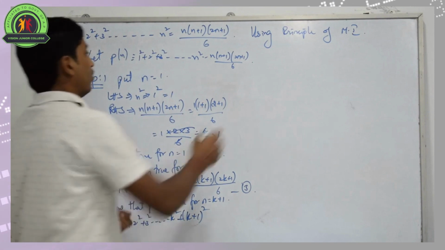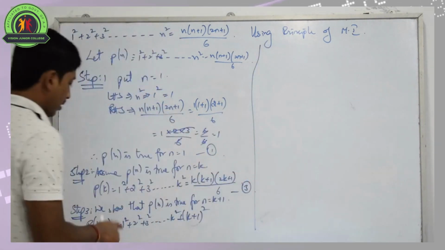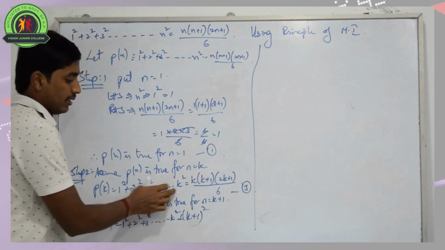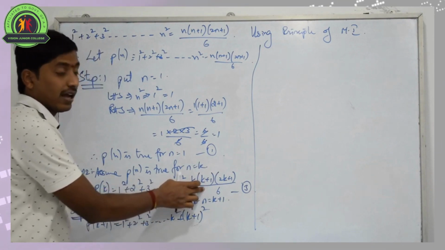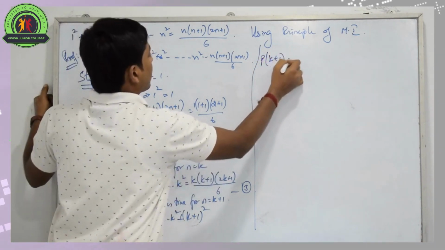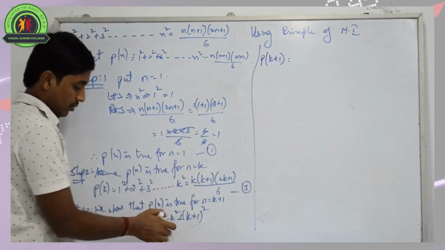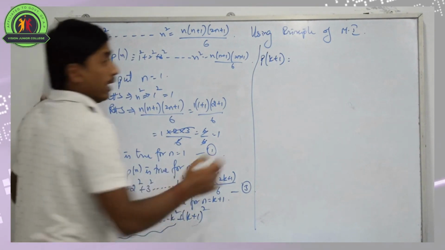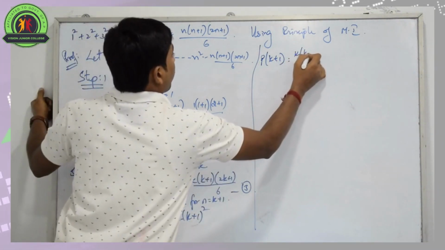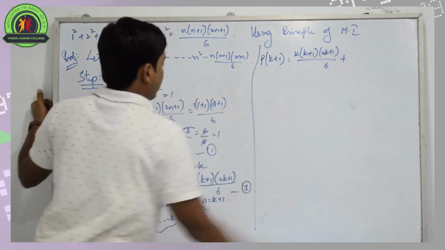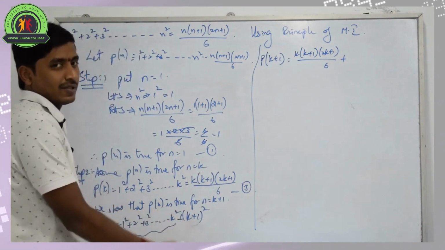Okay? Now, just observe here, what is this 1 square, 2 square, 3 square and so on up to k square? This whole term is nothing but this, right? Yes or no? Let us write the same thing. P of k plus 1 is equal to this whole term from here to here, that is k into k plus 1 into 2k plus 1 by 6 plus, what is the next? k plus 1 whole square.